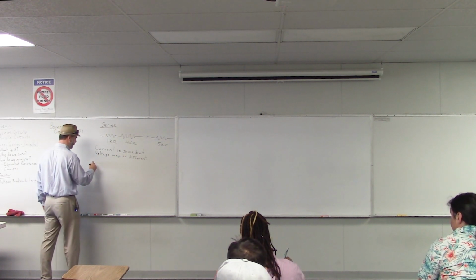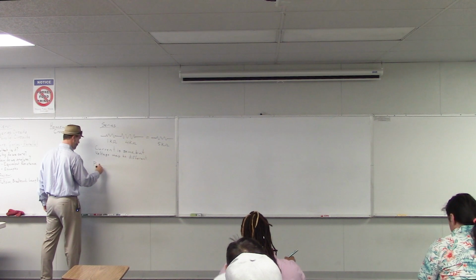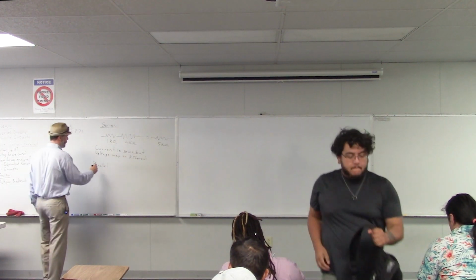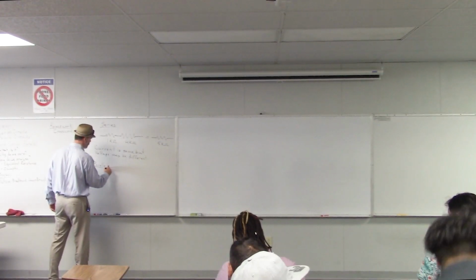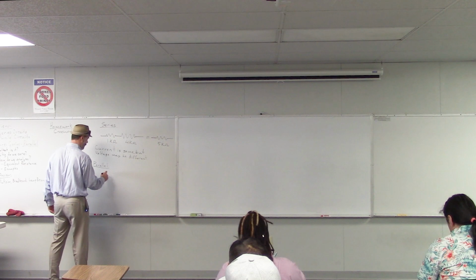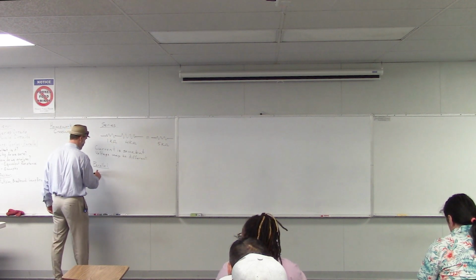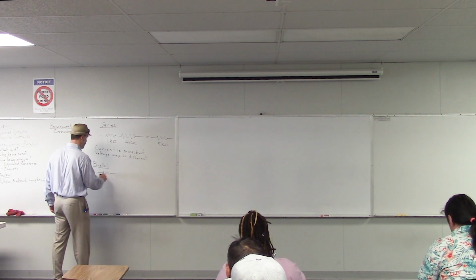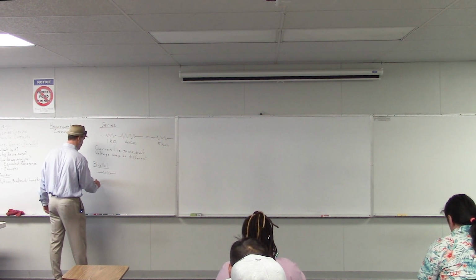We also talked about parallel circuits. We said that a parallel circuit is a circuit where the beginning of every component is connected to the beginning of every other one, and the end of every component is connected to the end of every other one.